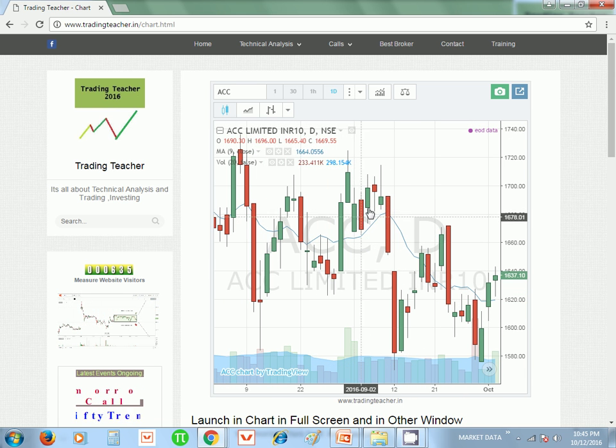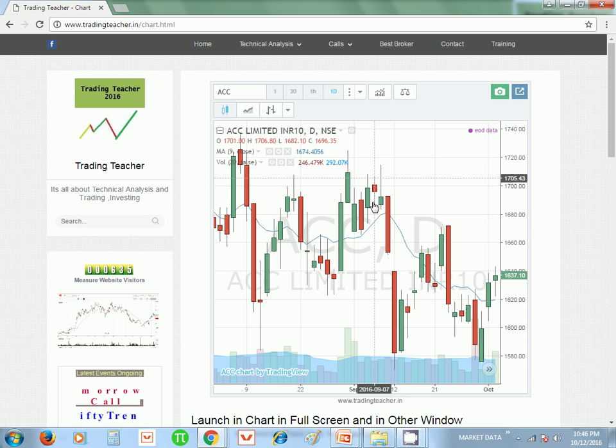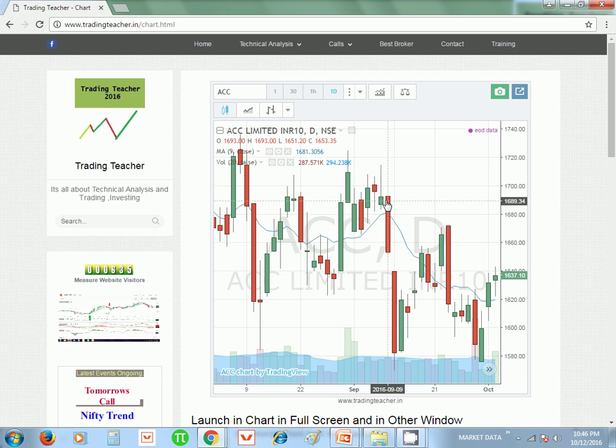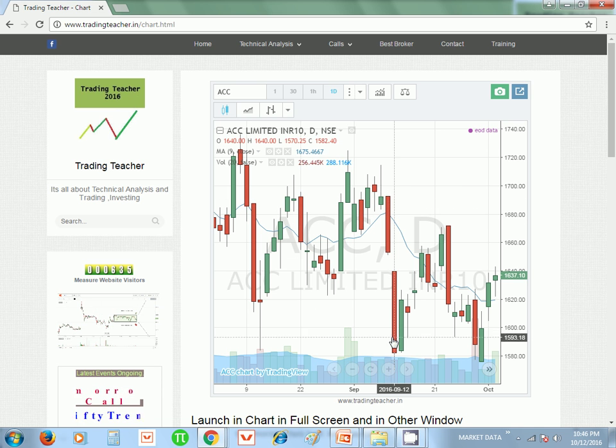Look here, the current trend was uptrend, and in the uptrend we have found the inverted hammer. This is not an inverted hammer, this is a shooting star. In the shooting star, the market will fall.